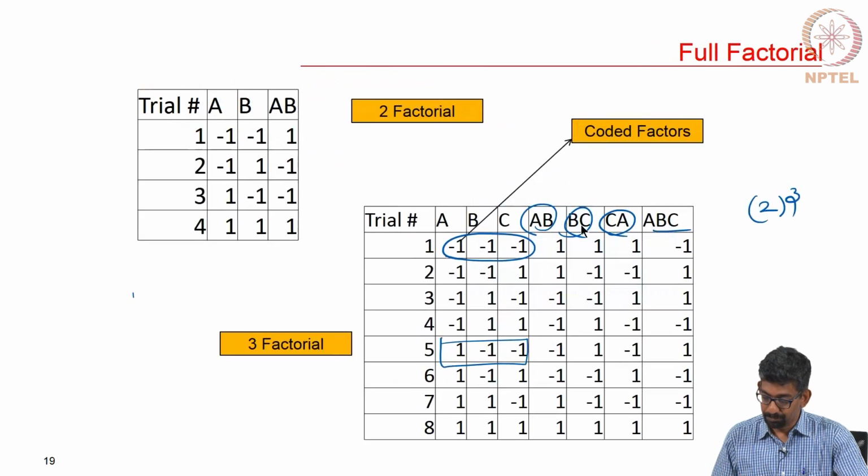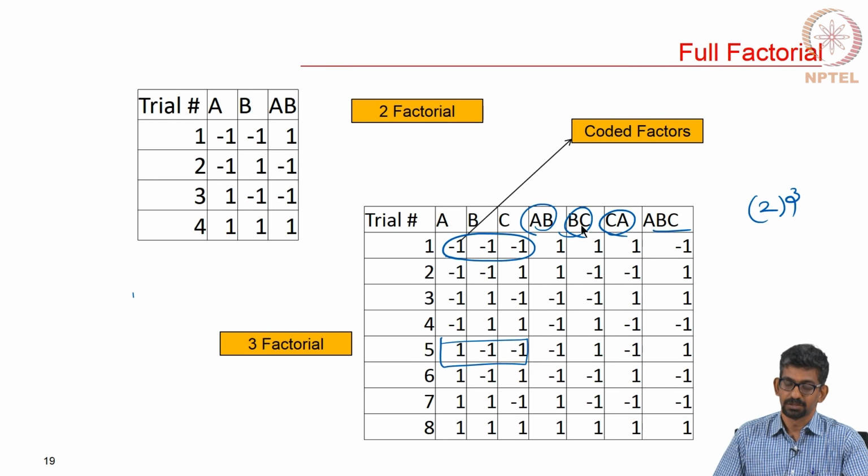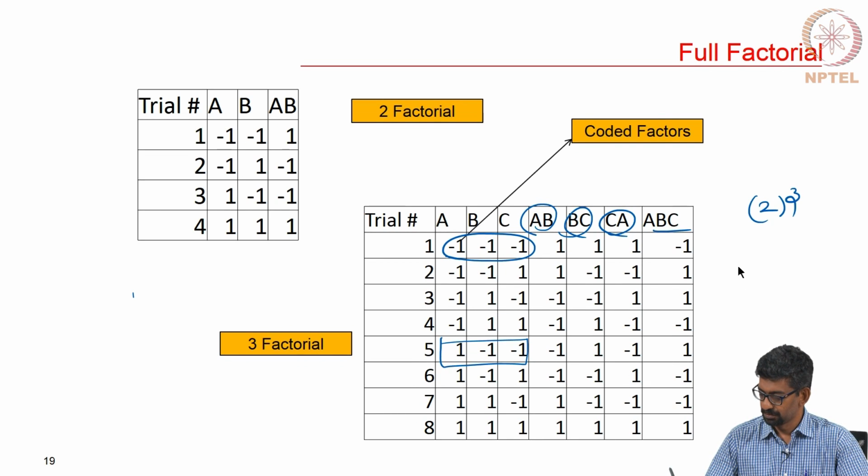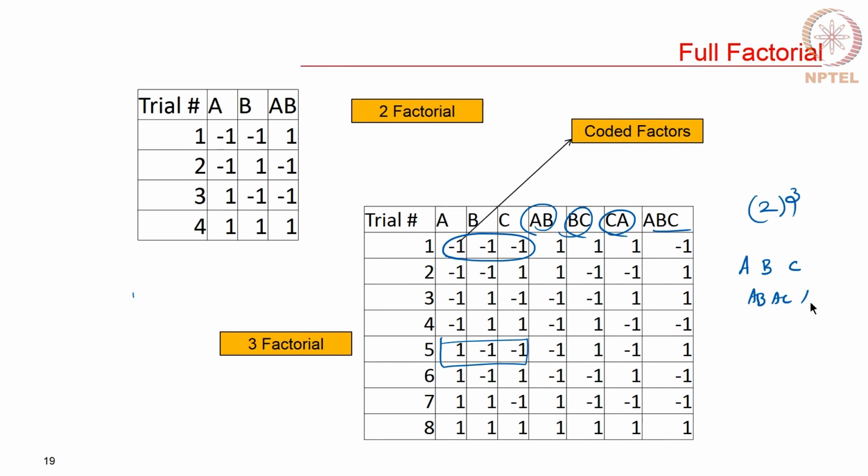So, now what people said is, or rather Taguchi was the first guy to propose that, oh, you actually do not need to run all the experiments, okay. So, for instance, if you take 3 factors, you have single factor ABC, you have 2 factor interactions, and then you have 3 factor interactions.